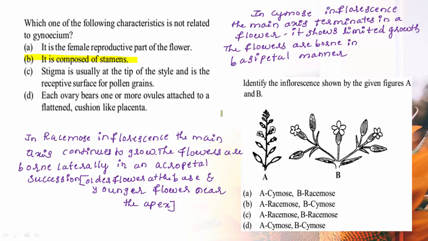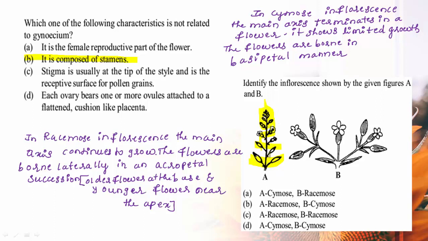They are marked as A and B. Here we have to identify what inflorescence is shown by A and B. In the case of A, the younger flowers are located near the tip and older flowers are located towards the base, and the tip is still growing continuously.